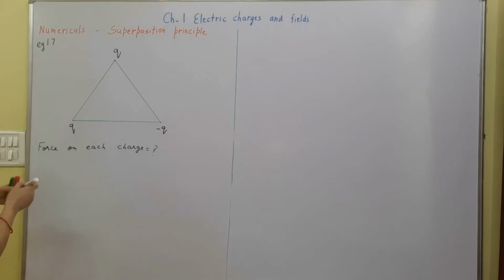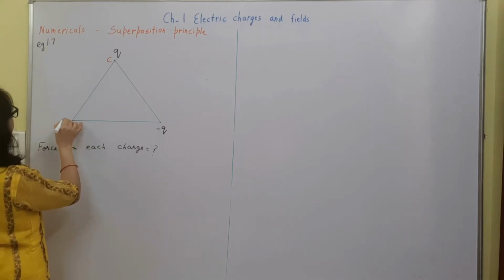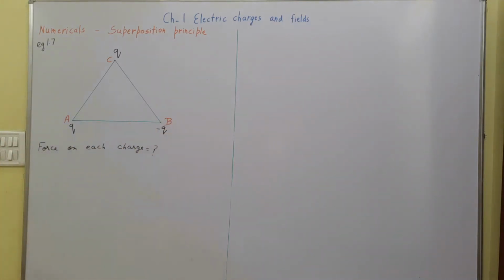So let's mark that this point is C, this is A, and this is B. Let's mark the same points as given in your NCERT.